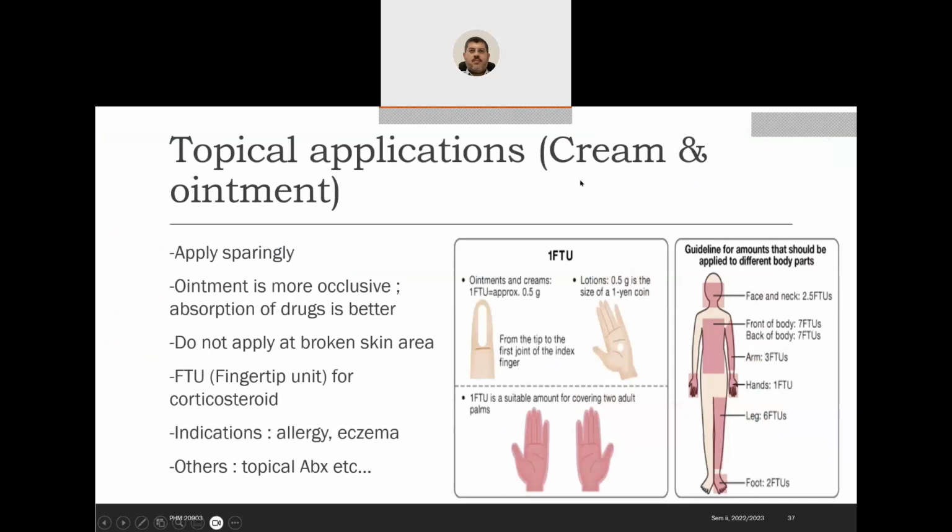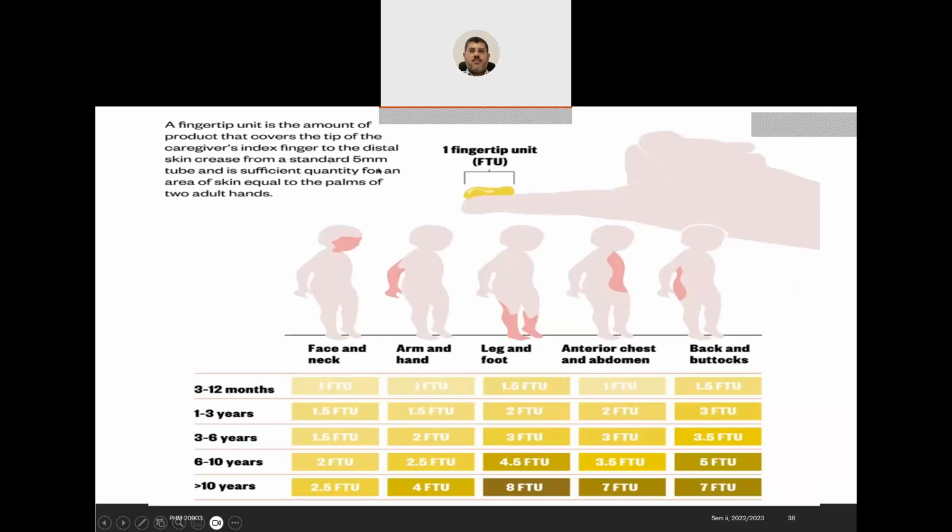Topical applications for creams and ointments. About how to take the correct dose, we have here a unit called the fingertip unit, FTU. For a fingertip unit, you take an amount of product that covers the tip of the caregiver's index finger to the distal skin crease from a standard 5 millimeter tube.